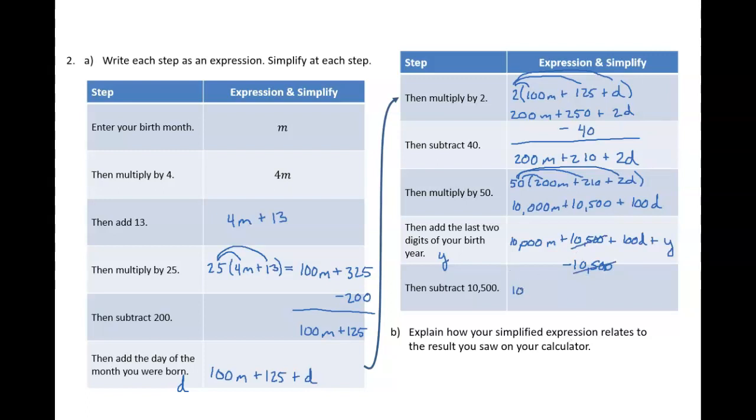And we end up with 10,000m plus 100d plus y. So that's our result. That's what you saw in your calculator. But now the question is, how does that translate to this number I saw? Why is it formatted like this?